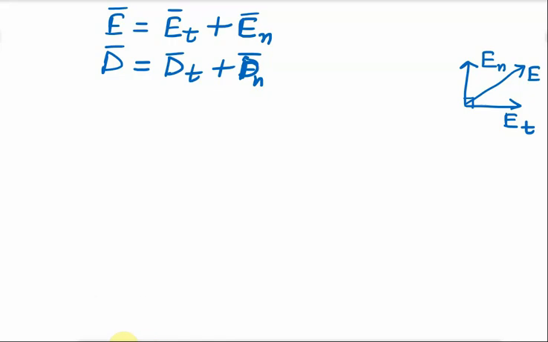So let us consider this is a boundary. This one is region 1 and this one is your region 2. This condition is the dielectric boundary condition.